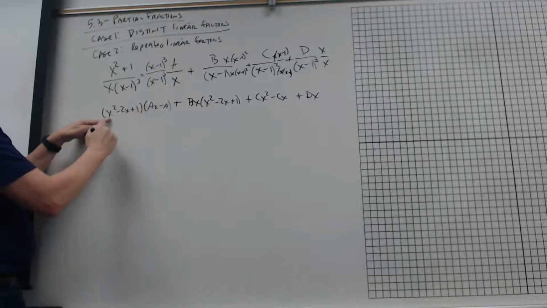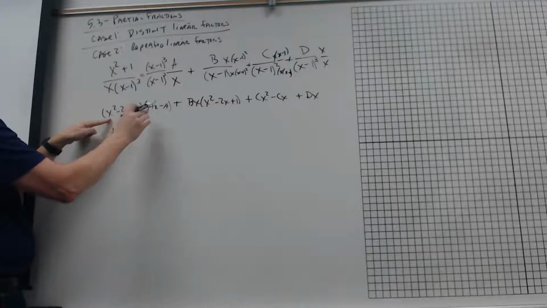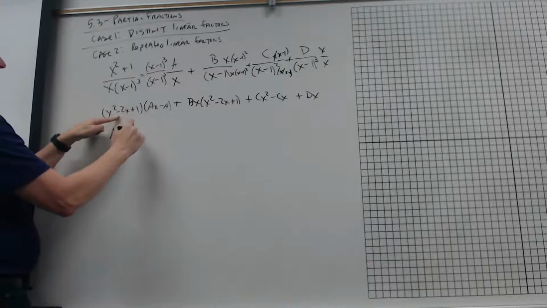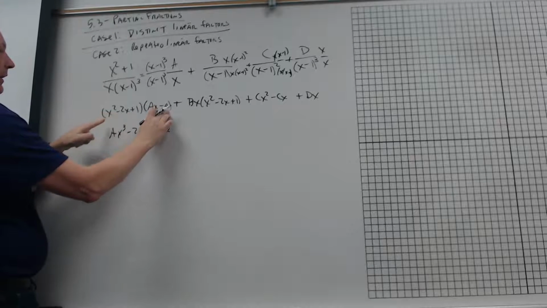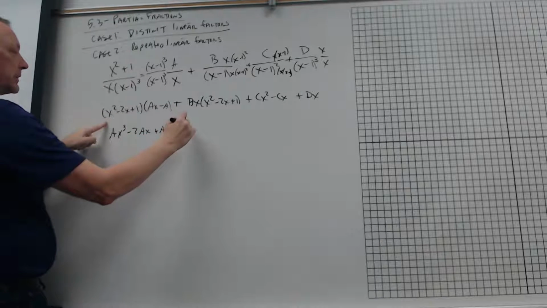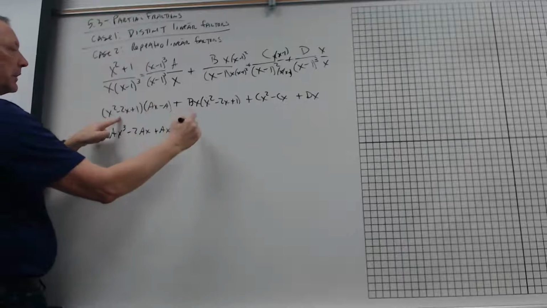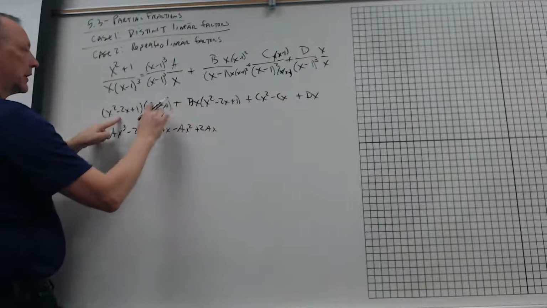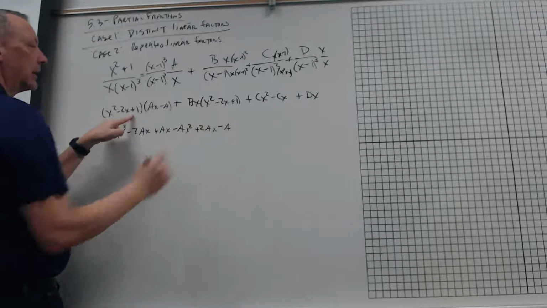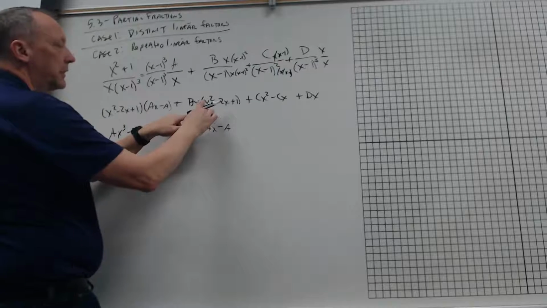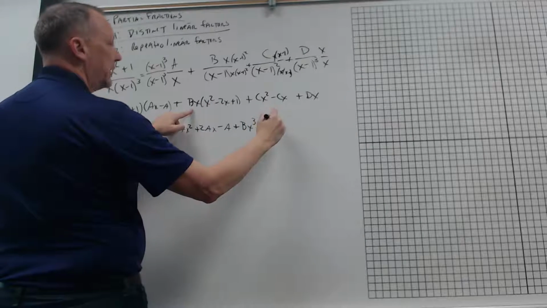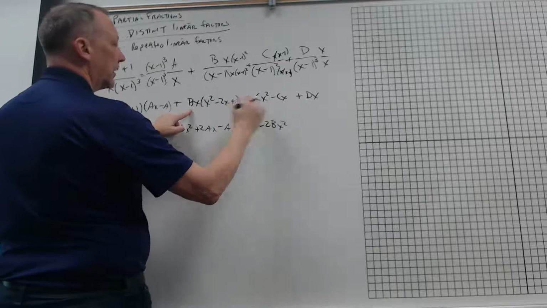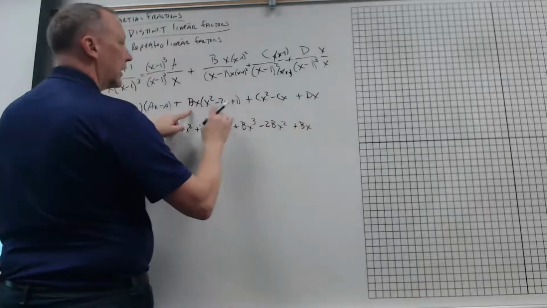This is going to be ax cubed minus 2ax squared plus ax minus ax squared plus 2ax minus a. Now we're going to do this one: plus bx cubed minus 2bx squared plus bx.